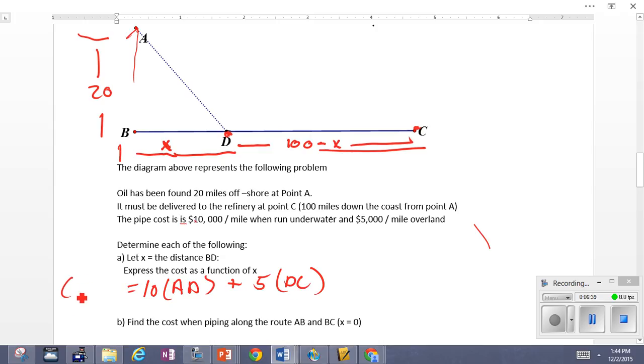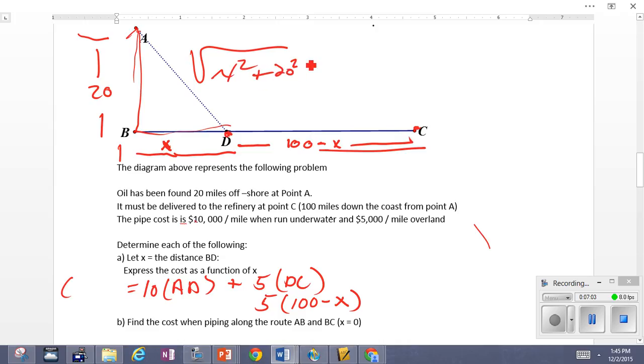Now, of course, that's not a cost function because it's not expressed in terms of x. So DC was clearly 100 minus x, and AD is, from the Pythagorean theorem and the right triangle here, the root of x squared plus 20 squared, which is 400.